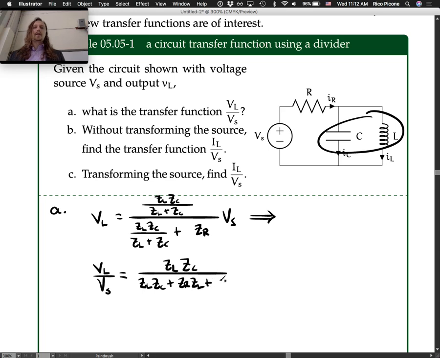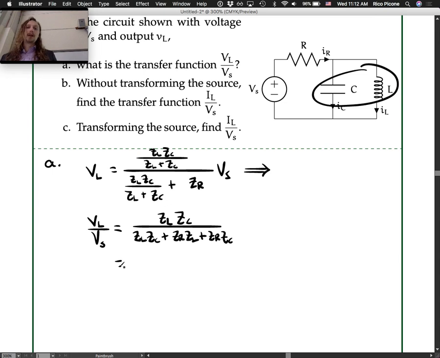ZL plus ZR ZC. We'll distribute immediately because we like to write down fewer steps, going against everything your algebra teacher taught you. We ain't got time for that. We have lots of stuff to do. So ZL times ZC.